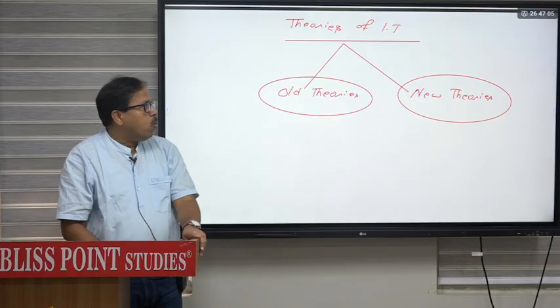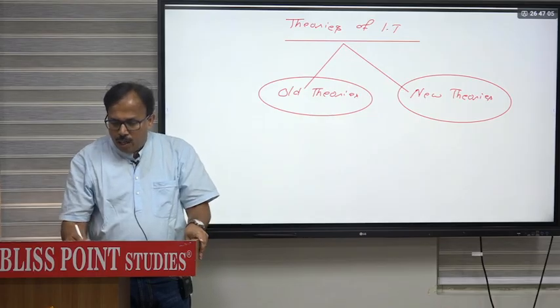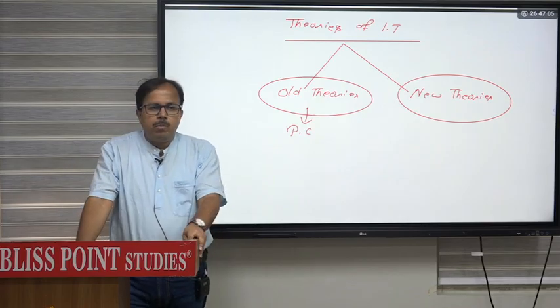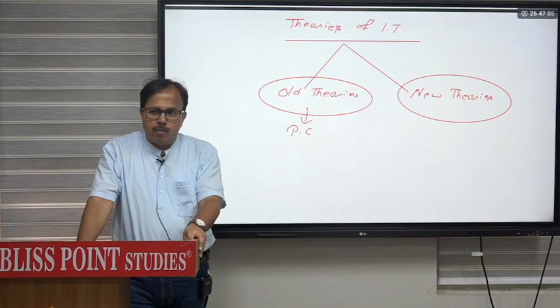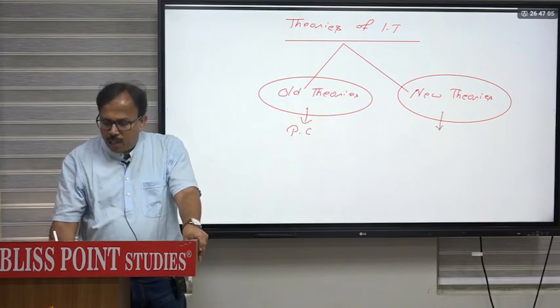The major difference between old and new is that the old theories assume that the market is perfectly competitive. All old theories assume that the market is perfectly competitive, and the new theories assume that the market is imperfectly competitive.